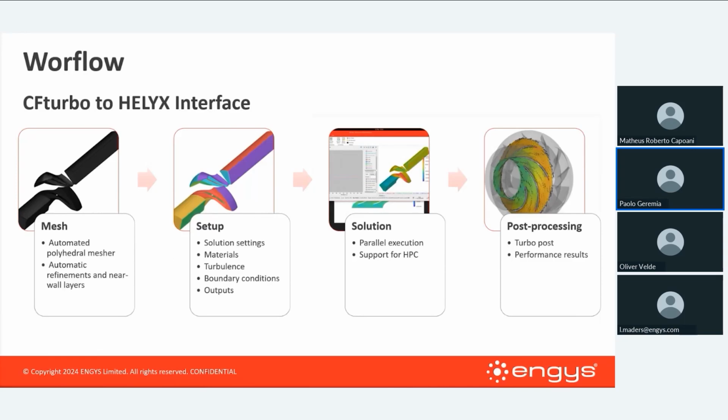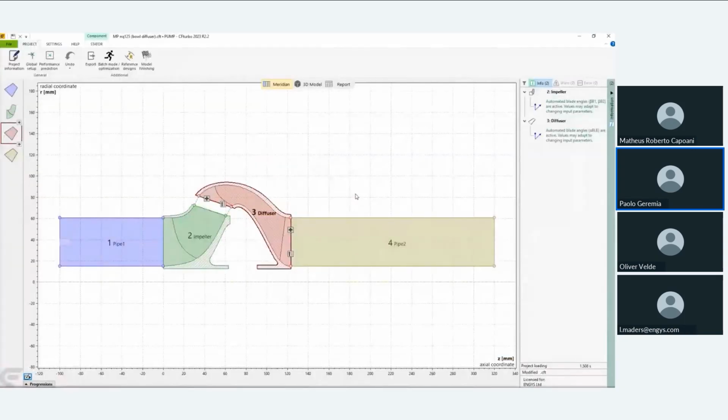Finally, once the solution is finished and we get a converged set of fields, we can do the post-processing using the graphical user interface available in Helix. For example, we can use the turbo post plots and graphs to extract the quantities of interest and to calculate the performance results.